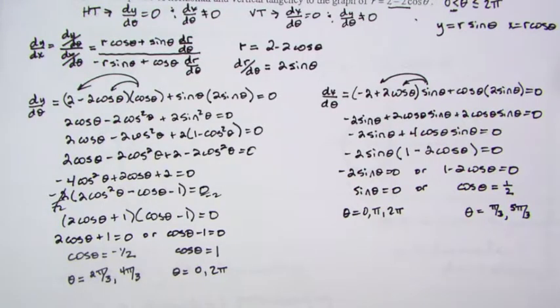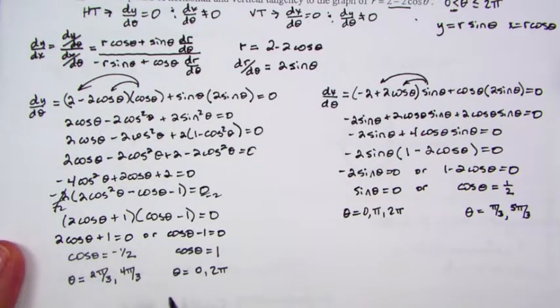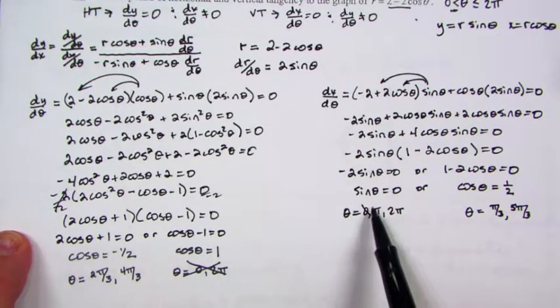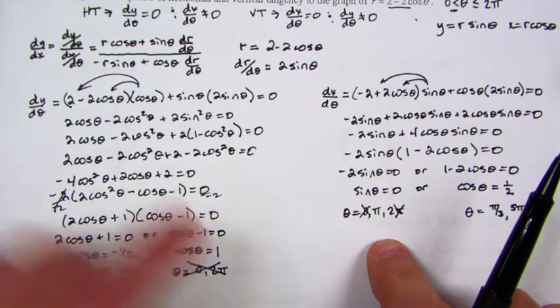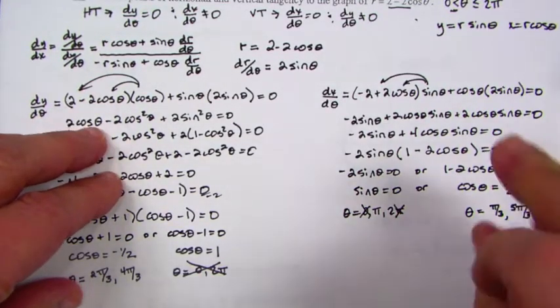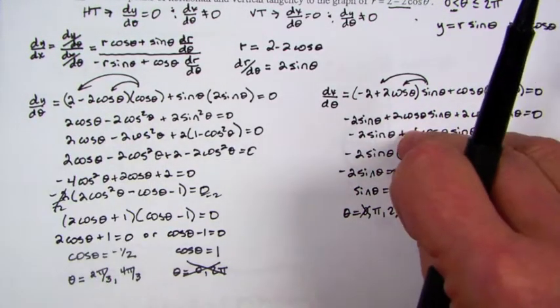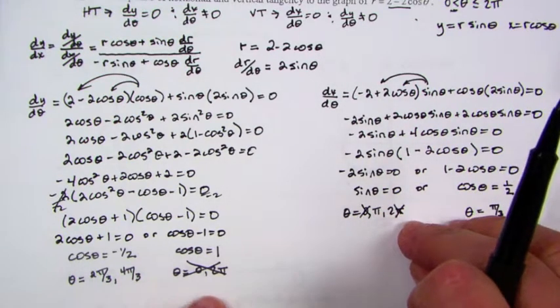Okay, so what I immediately see is I have 0 and 2 pi, and 0 and 2 pi. And remember that for horizontal tangent, the denominator can't be 0, and for vertical tangent, if the denominator is 0, the numerator can't.